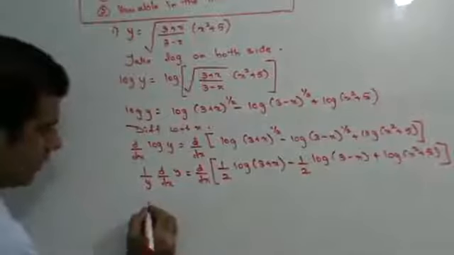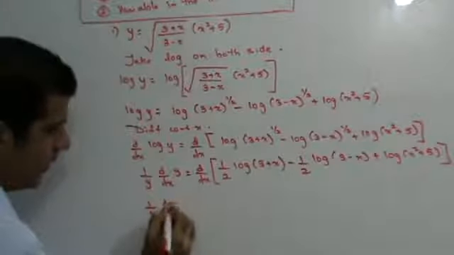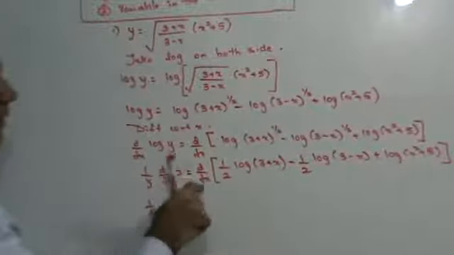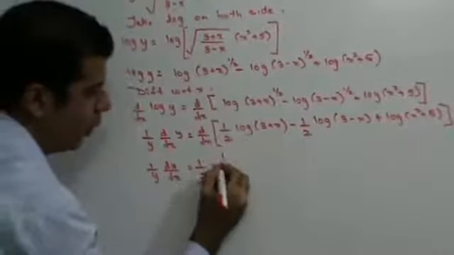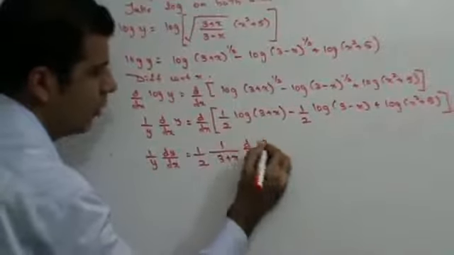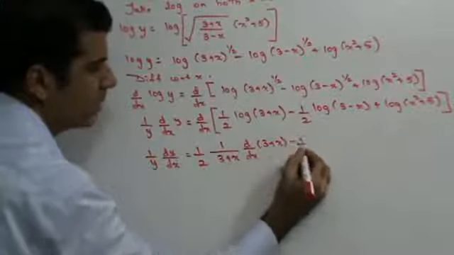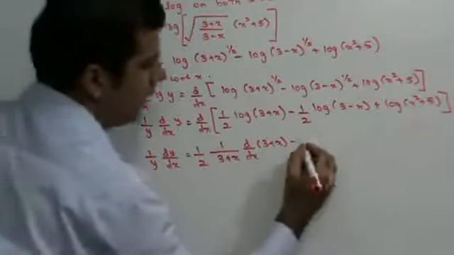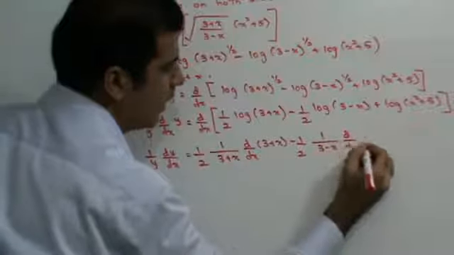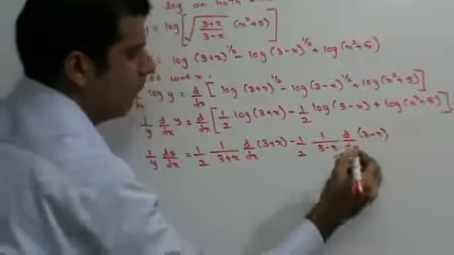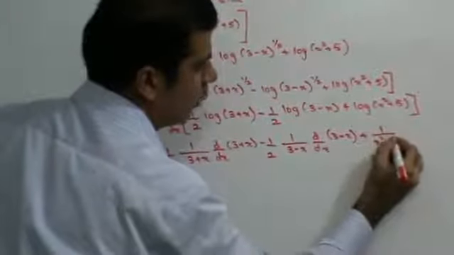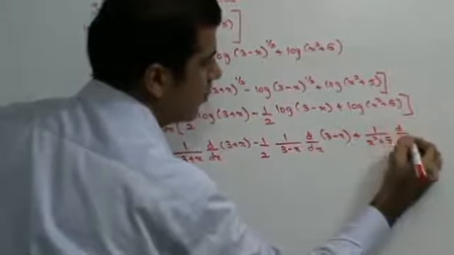Okay, this is 1 upon y dy by dx is 1 upon 2, which is constant, d by dx of log u is 1 upon u d by dx of u, minus 1 upon 2 d by dx of log u is 1 upon u d by dx of u, plus d by dx of log u is 1 upon u d by dx of u.